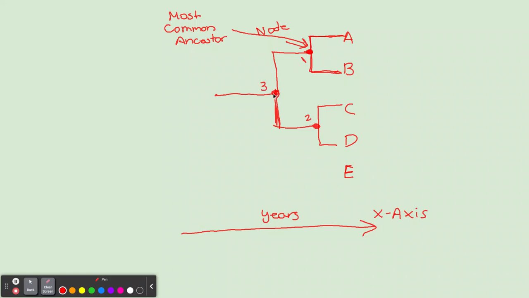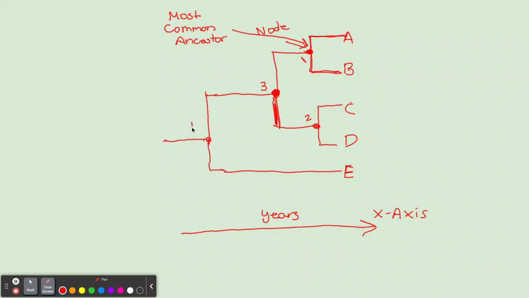So you can see with node 3, the most common ancestor would be of species A, B, C, and D, who had a common ancestor, however many years ago, at node 3, right there. And then we can keep going. Maybe over here we had another branching point, let's say right over there.